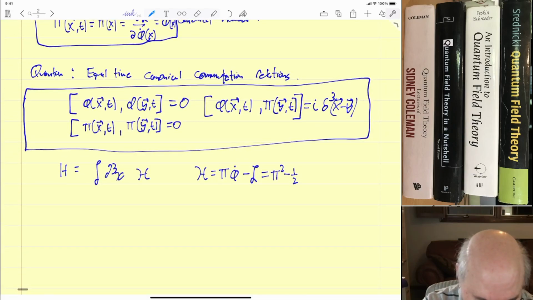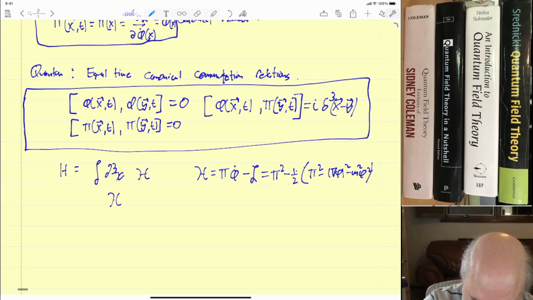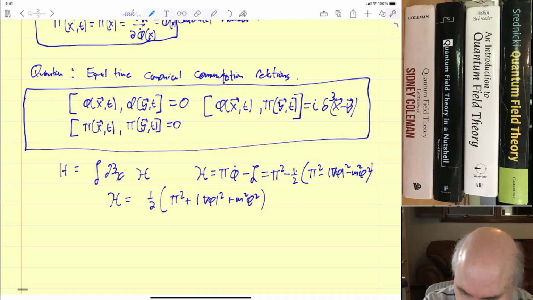So I have pi squared minus 1/2 pi squared minus del phi squared minus m squared phi squared. And so our Hamiltonian density ends up being 1/2 pi squared plus del phi squared plus m squared phi squared.